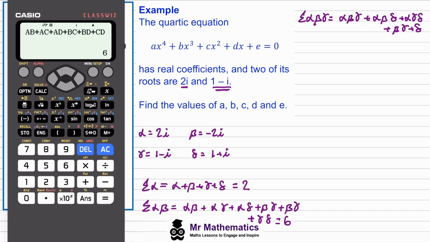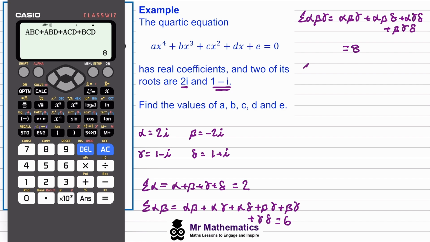On our calculators, we'll use the variables abc plus abd plus acd plus bcd, and this will give us 8.